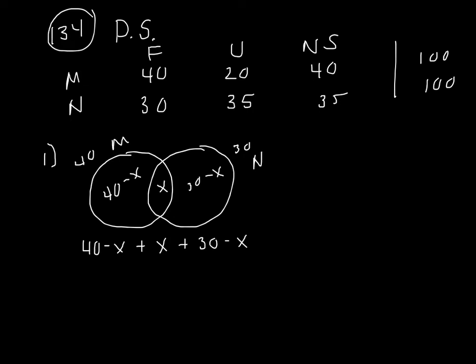So that would mean the number for favorable would be 60. And I could solve this for X, and that would tell me this intersection, which is what I'm trying to find. So clue 1 works.